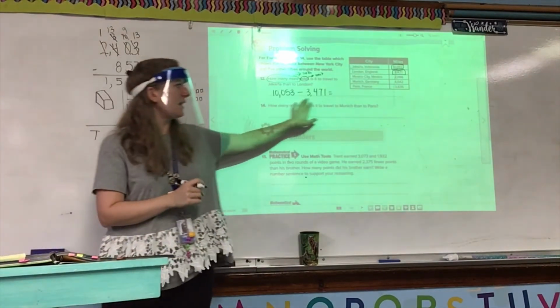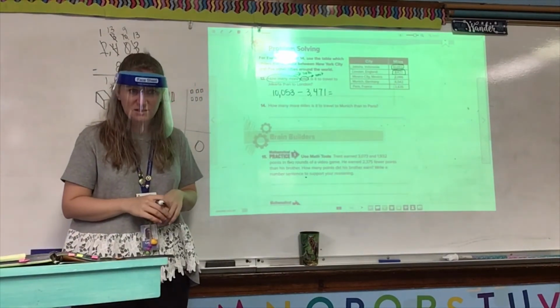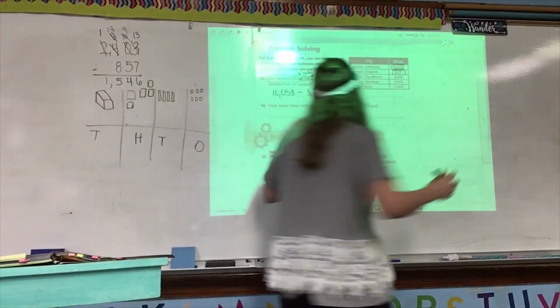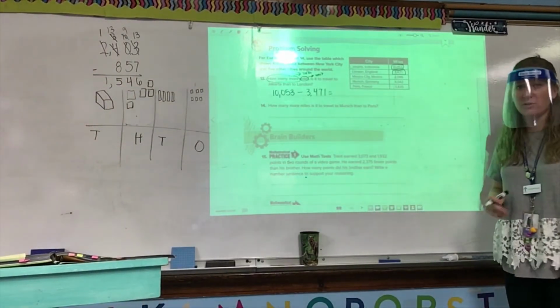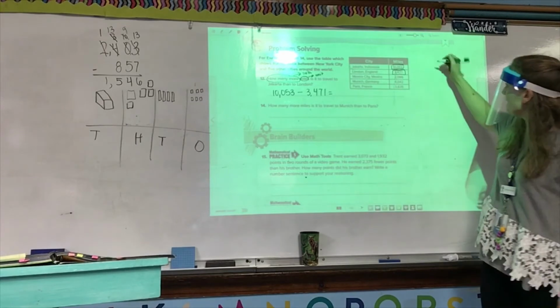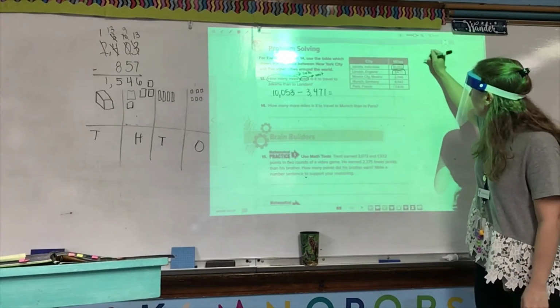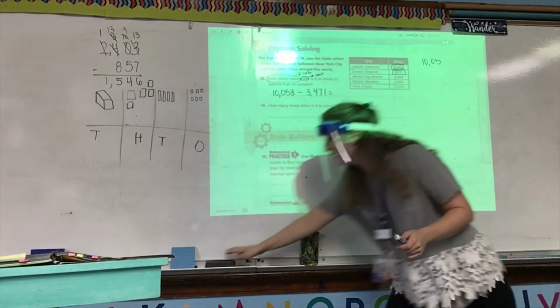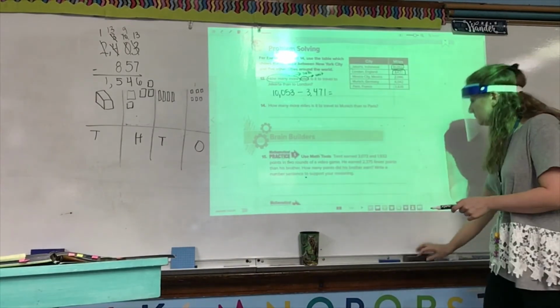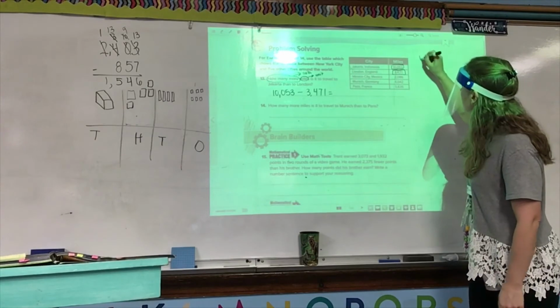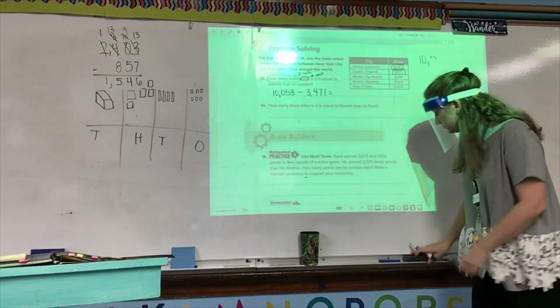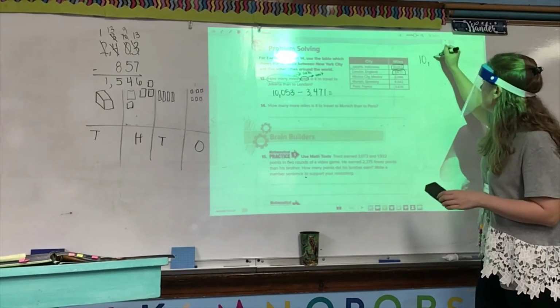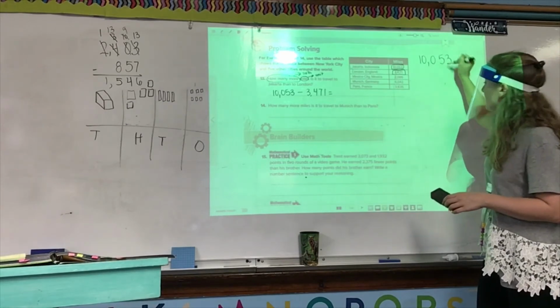Are we going to solve sideways like this, Smith? No. So we're going to go to the side and we're going to set it up. Remember, in order to line my places up correctly, I'm going to go ahead and write my first number, 10,053.